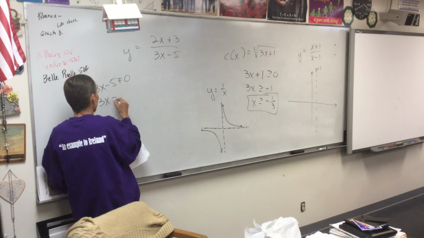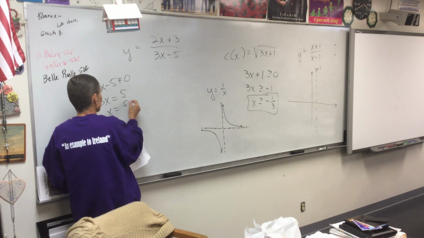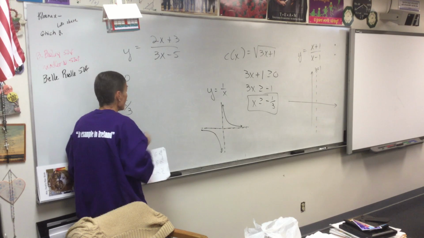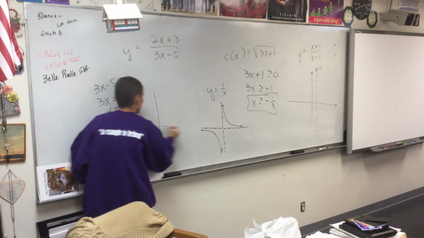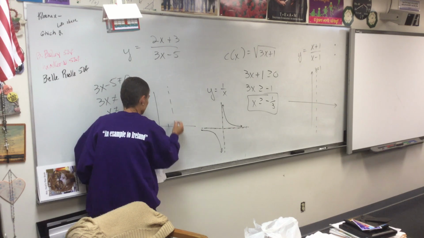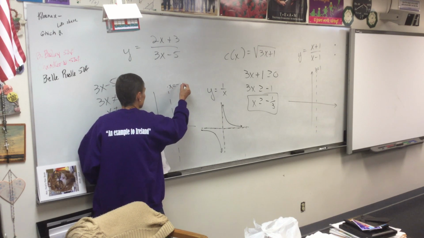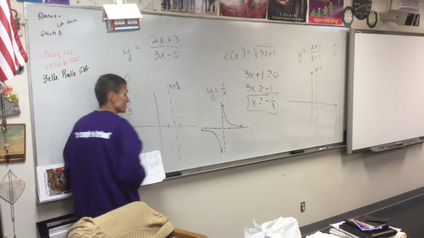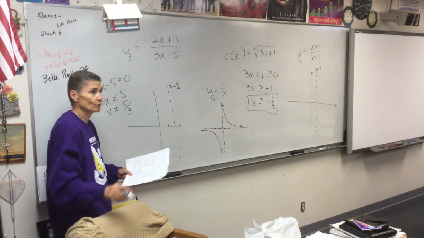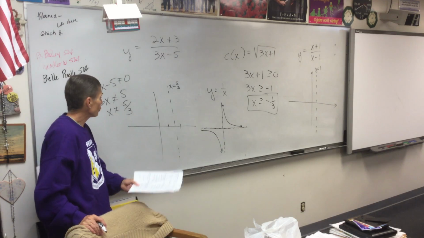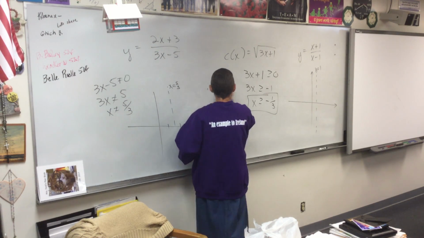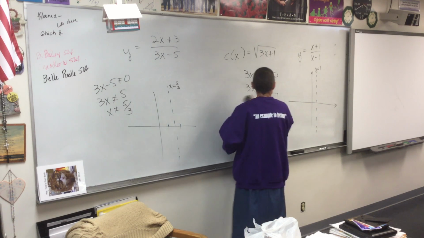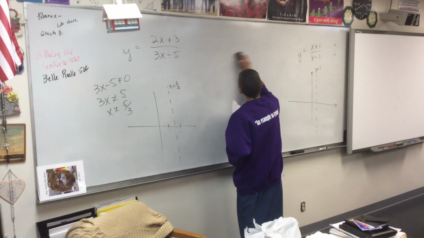So when you solve that, you get 5/3. That, whatever x cannot be, is where your asymptote is. There it is, 5/3, 1 2/3. And all you have to do is draw the vertical asymptote. Vertical means up and down.